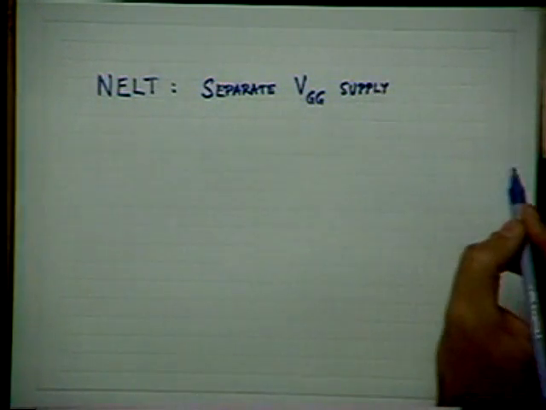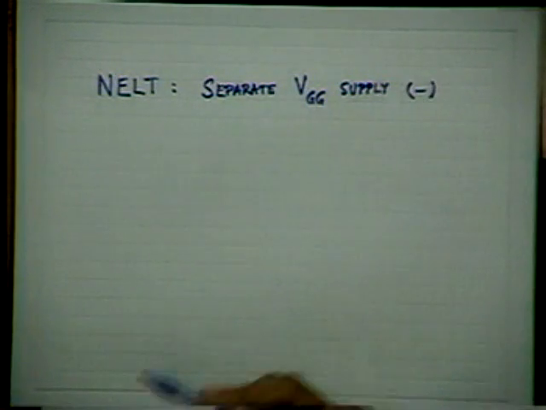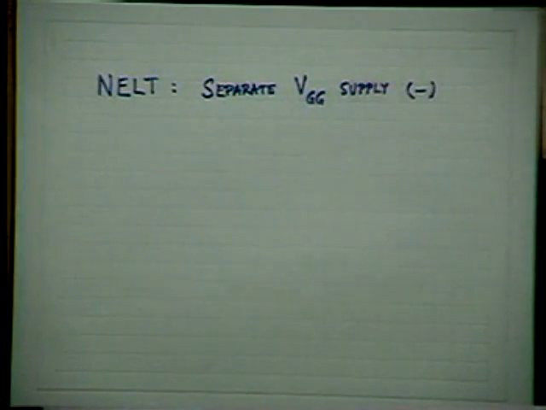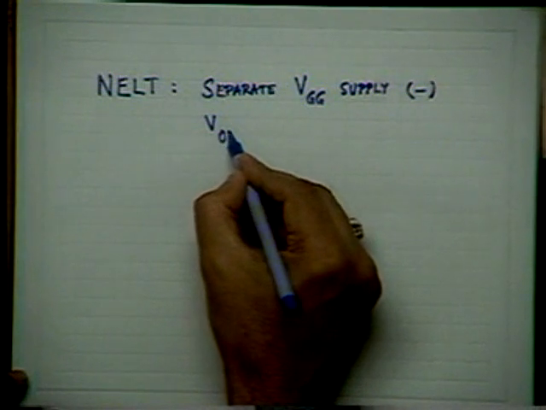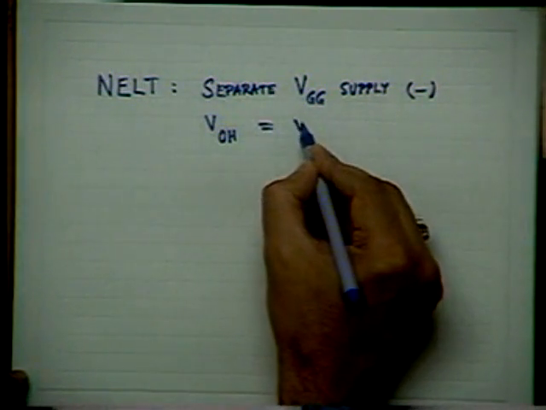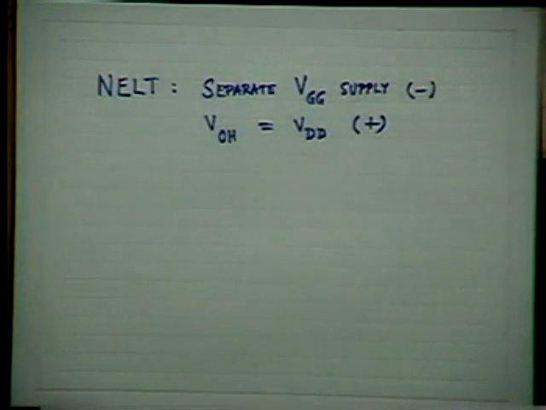This is a bad feature, a minus feature. Let me put a minus sign here. This is not a good sign. But what are the other good things? VOH is equal to VDD. Good point. A positive feature. Okay?